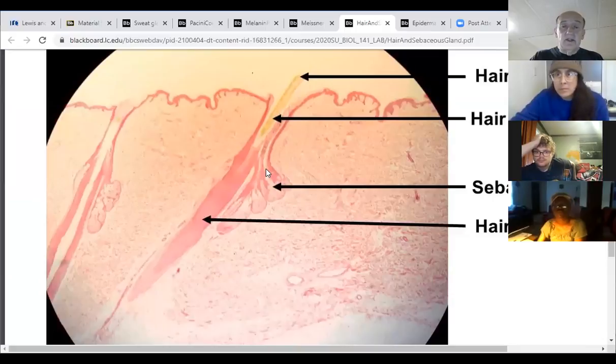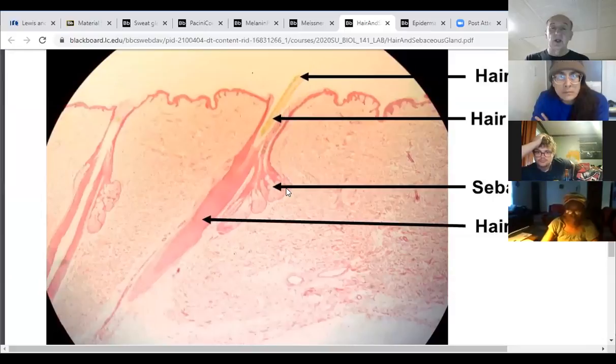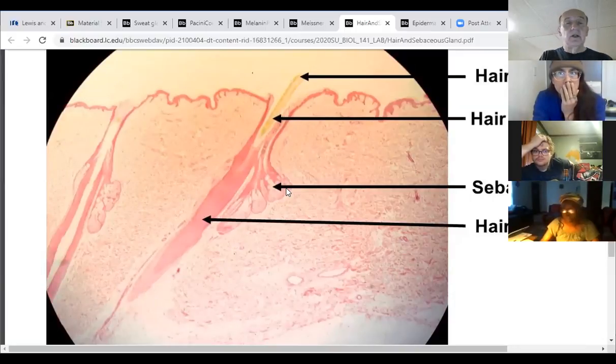How do we know it's a sebaceous gland? You'll see a sweat gland appearing differently under the microscope. Sweat glands look like a coiled garden hose cut in half. You see a bunch of circles next to each other, a totally different look. So this is the appearance of hair, its related structures, and the sebaceous gland.